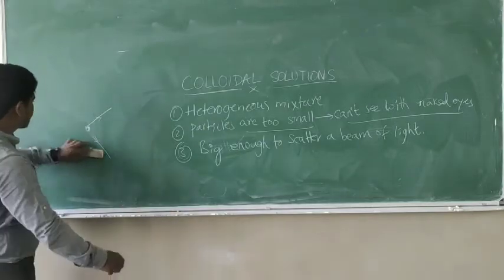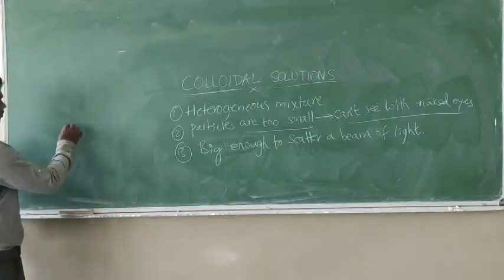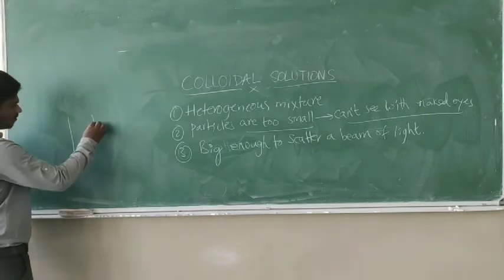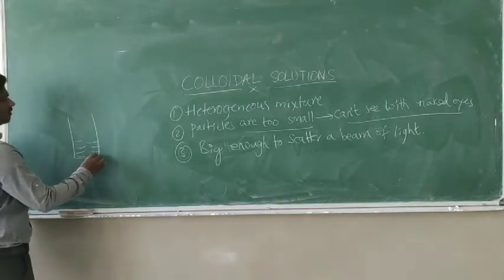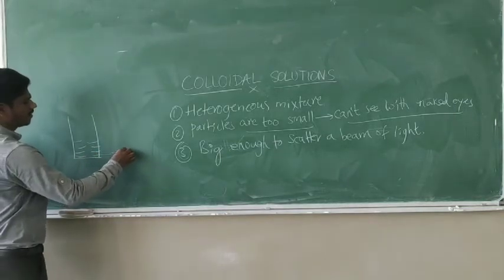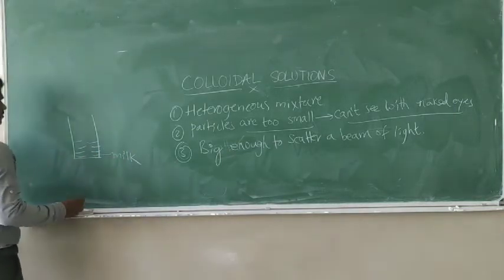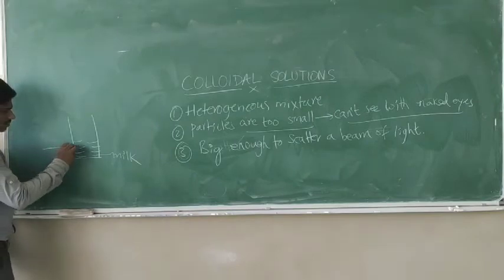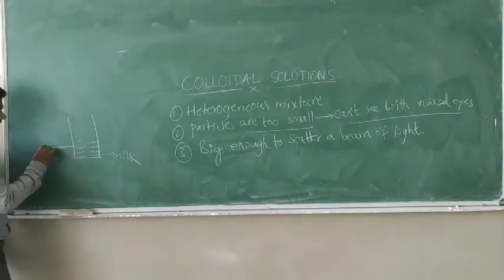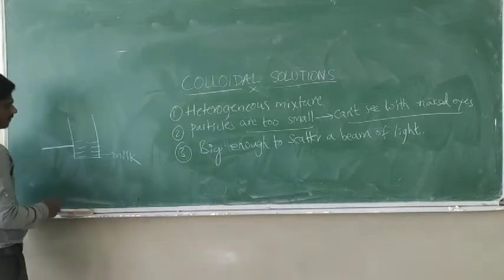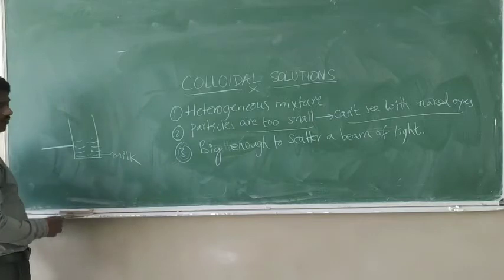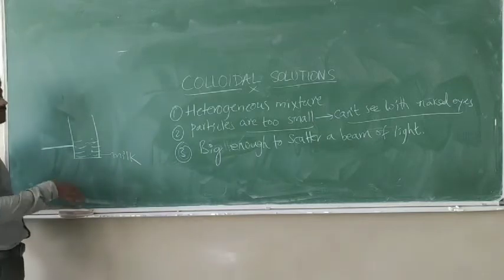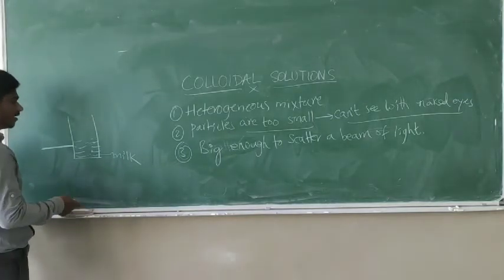Right. So therefore, if you take a colloidal solution, for example, milk in a beaker, and you put a source of light here, a thin, narrow beam of light, then these particles, even though they are very small, are big enough to scatter a beam of light.